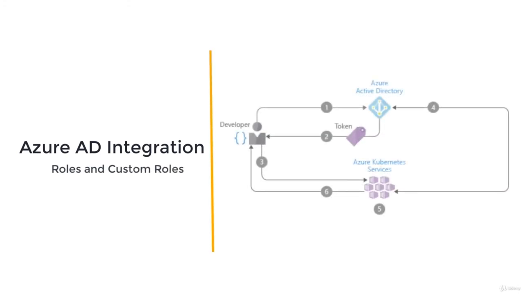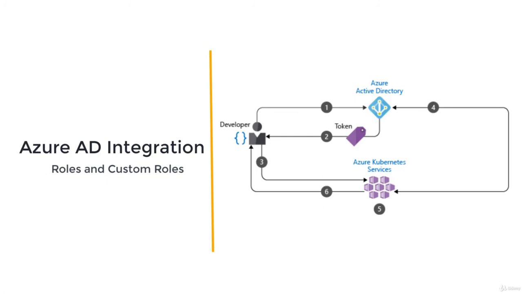Azure Active Directory always stays in the spotlight when it comes to authorization and authentication. For Kubernetes, it is no different. AKS supports Azure Active Directory integration so that the associated users and groups can then connect to the cluster. Azure Active Directory would be the single source for account management and security.